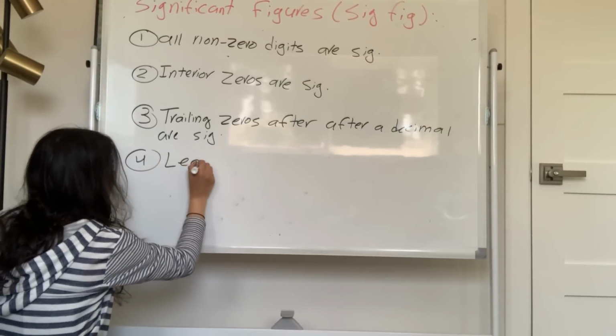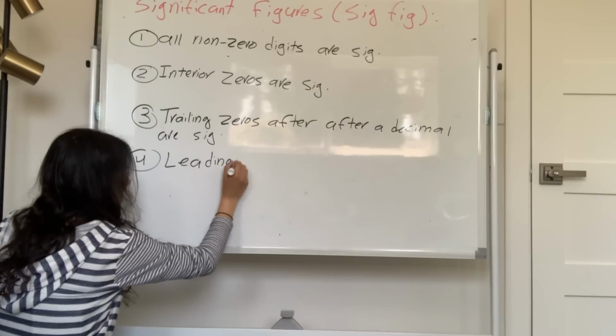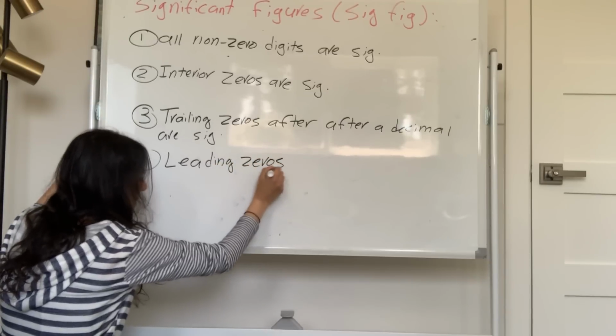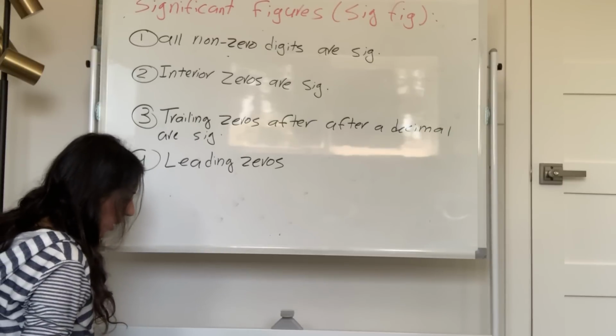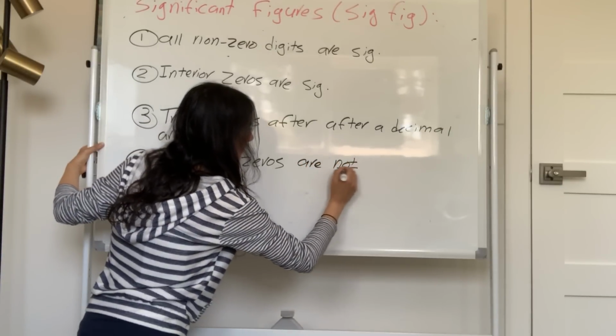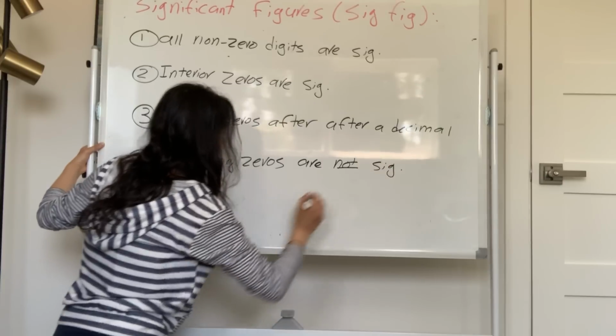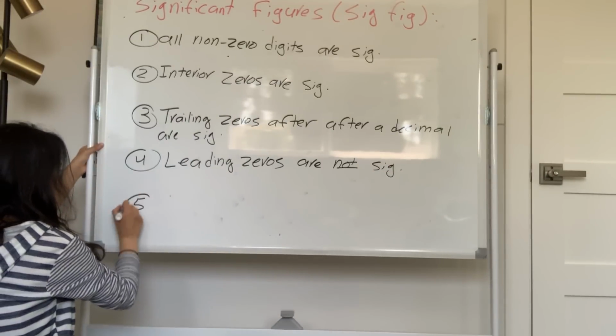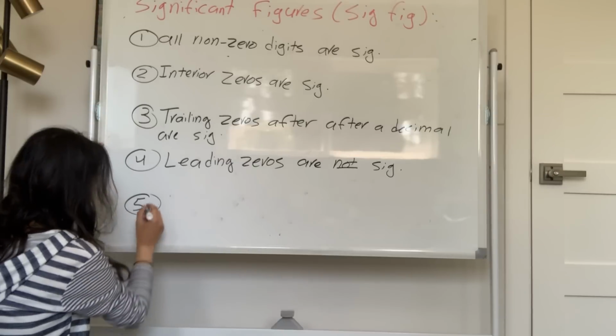Number 4, leading zeros are not significant. Okay, we're almost there.